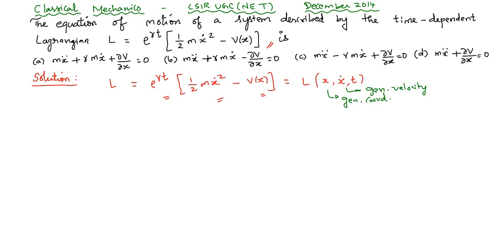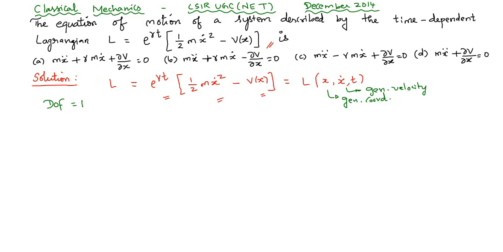Now what is the degrees of freedom for this problem? The degrees of freedom is only one, since the number of generalized coordinates is only x. It's a one-dimensional problem, so the degrees of freedom is 1.